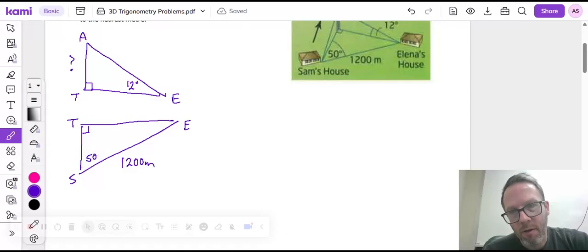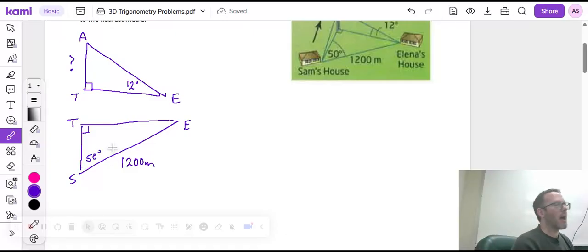This is 50 degrees, and now it's just like the cliff problem from the warm-up. We have two triangles. The third triangle we don't need, it turns out. We've got a shared side, and once we find that shared side, we can find height. So I would argue this is a very similar question to the cliff height, one you could have arguably done after your grade 10 course.